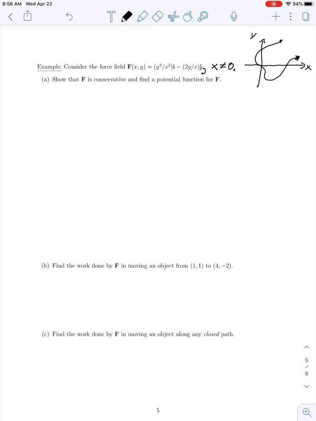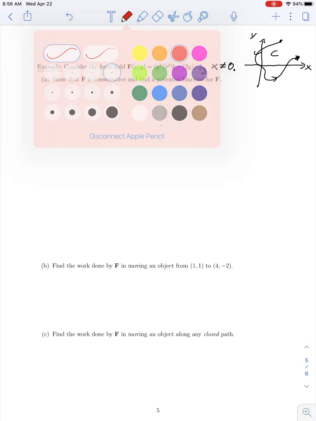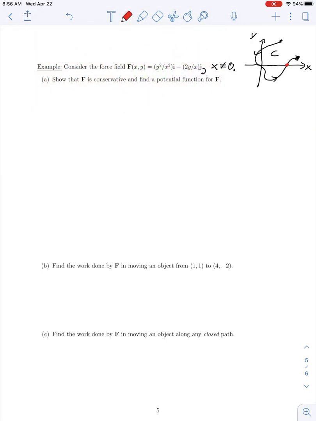If we were to have some curve C which crosses the x-axis, that means at some point x was made equal to, excuse me, I'm sorry, it cannot cross the y-axis. If it crosses the y-axis, then we have points where x is equal to 0. So here we don't want any curve which is crossing our y-axis. Otherwise, our field would be undefined.